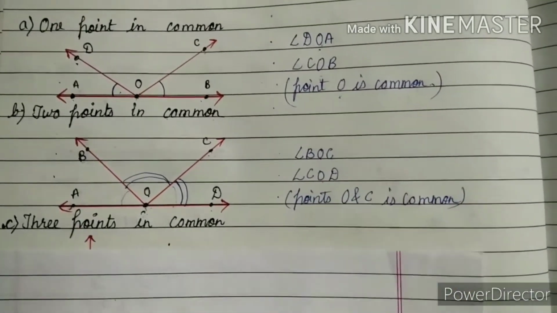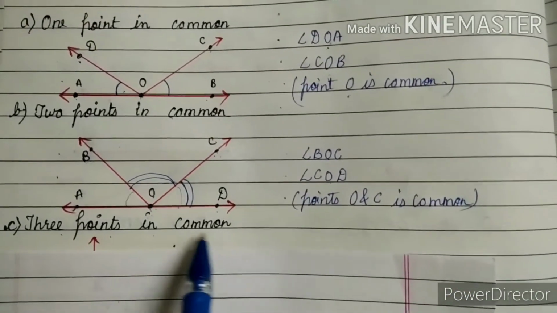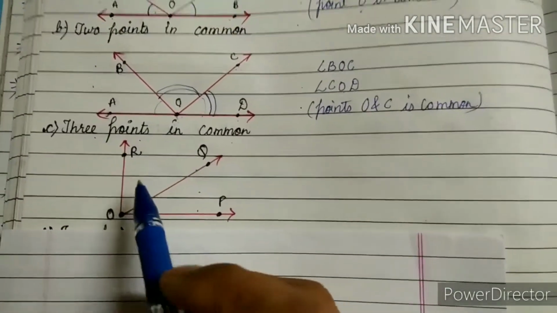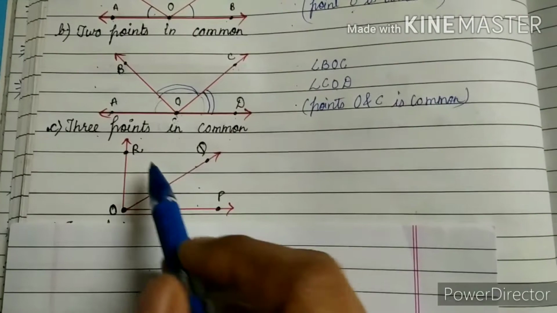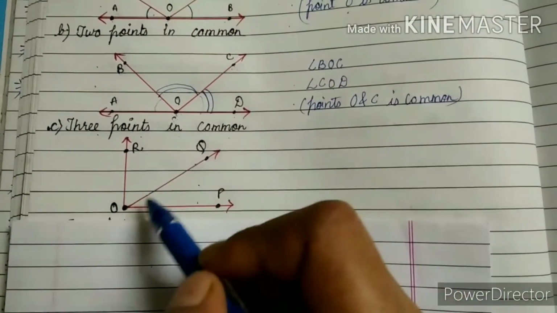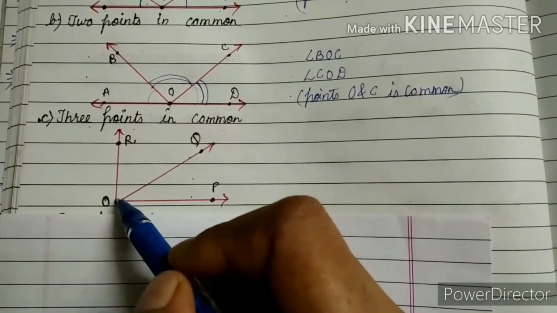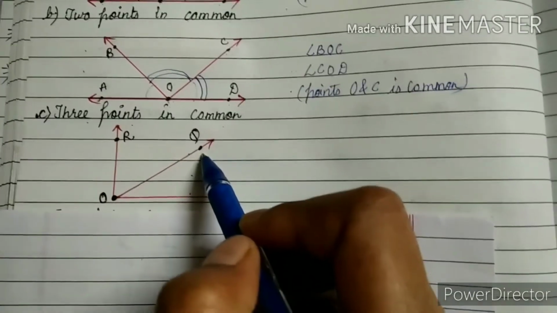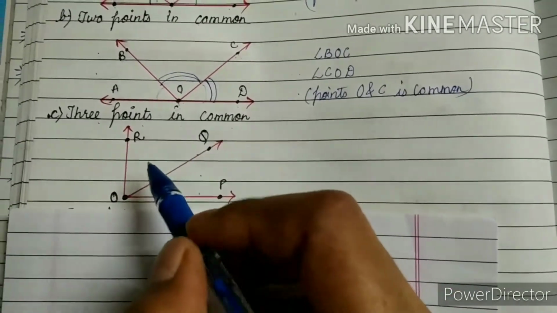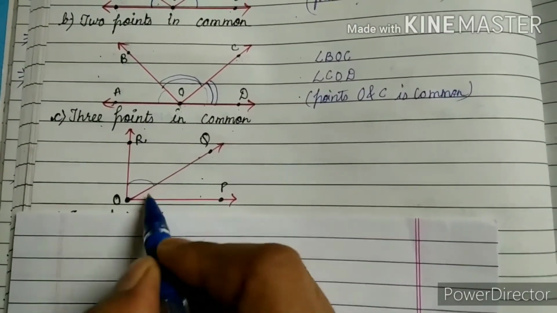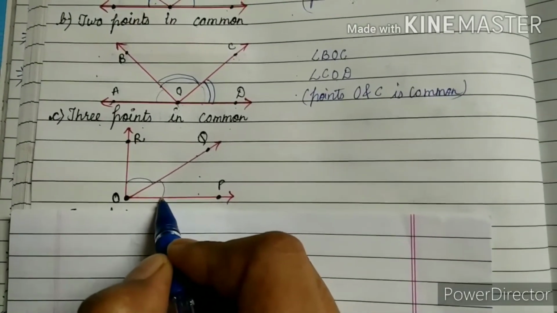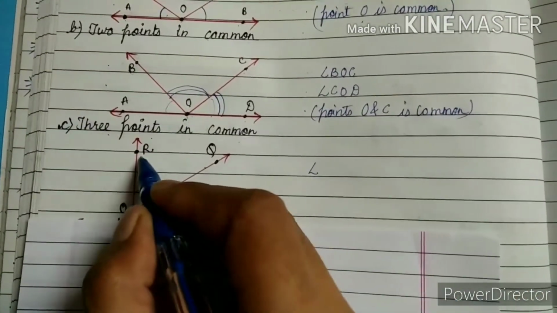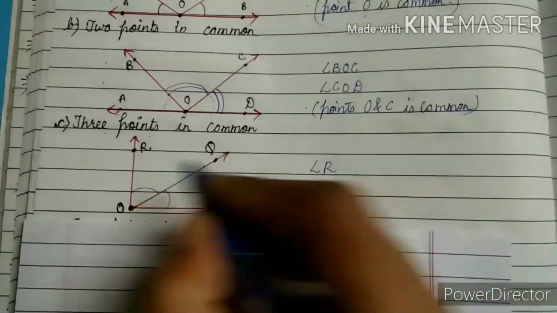Now the third is 3 points in common. So here I drew the figure. This is a right angle, 90-degree angle, and I divided the 90-degree angle into 2 sections by the ray OQ. As you can see in the previous section, we will take firstly this angle, and after that we will take this angle. For this angle, firstly is R, and from R who will come?